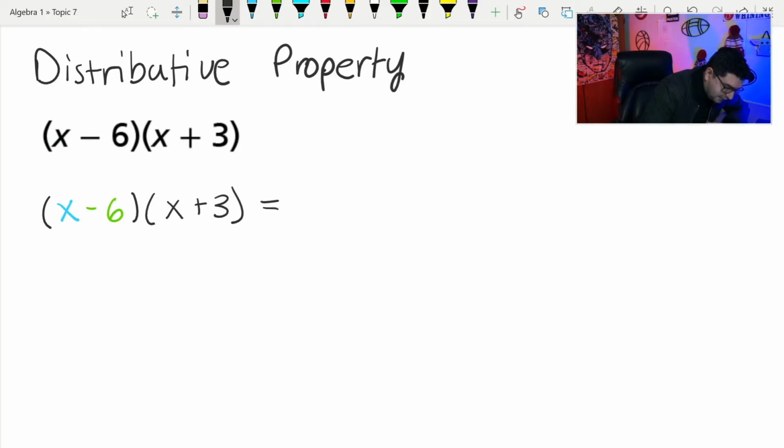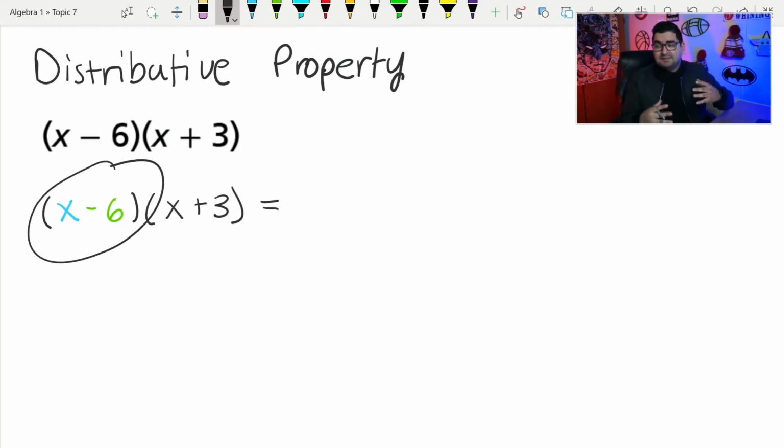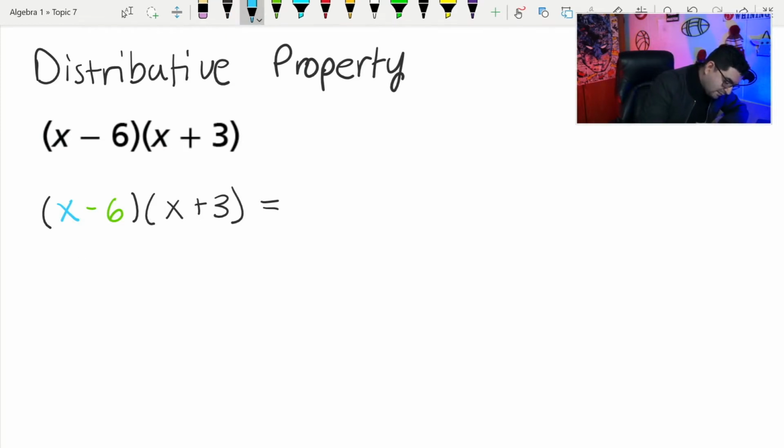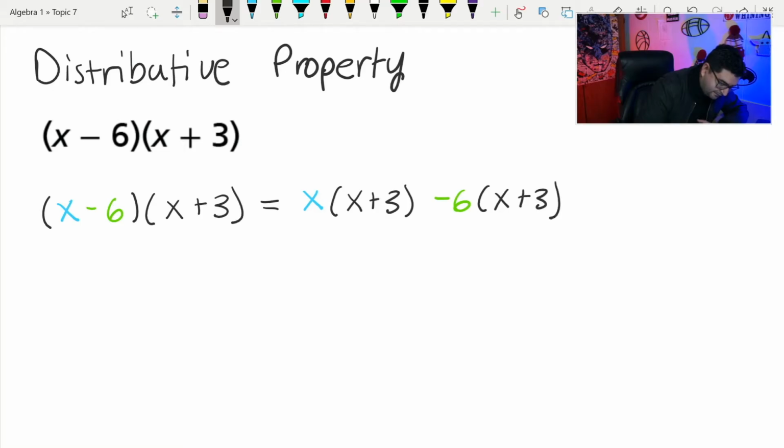So this first one, we're going to cut it in half and separate the x from the negative 6. And what we end up getting is x times x plus 3. So first we're going to do x times this whole thing, and then we're going to do negative 6 times that whole thing, x plus 3.